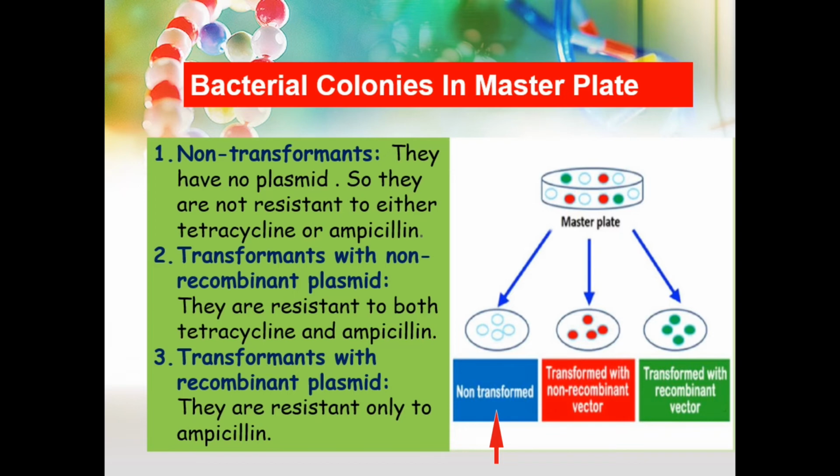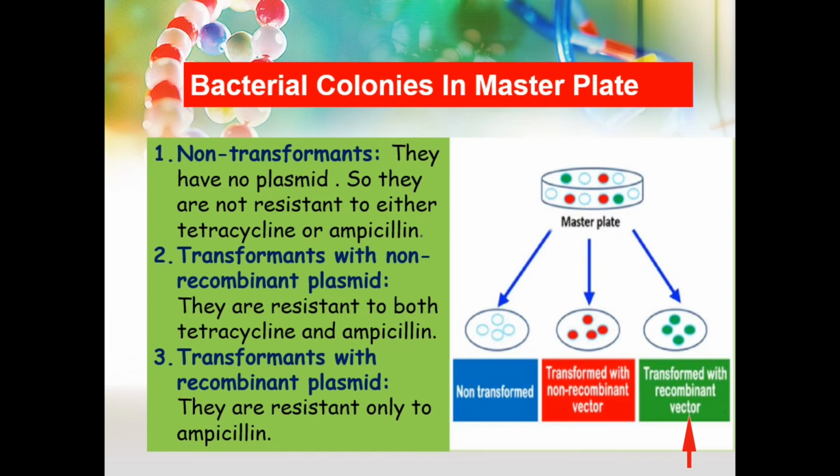Then the second one are the transformants with non-recombinant plasmid. Because the foreign gene has not been introduced, the tetracycline gene is intact, so they have resistance to both tetracycline and ampicillin. And the third type of cells present in the master plate are the recombinants, transformants with recombinant plasmid.